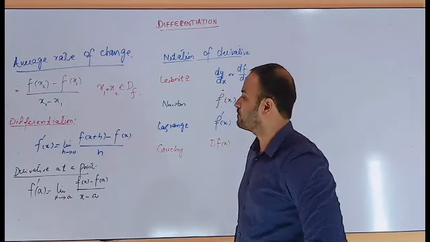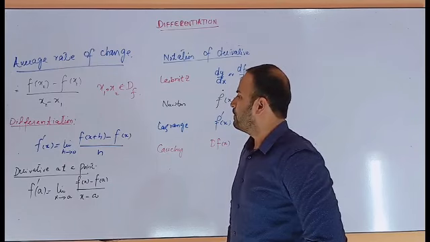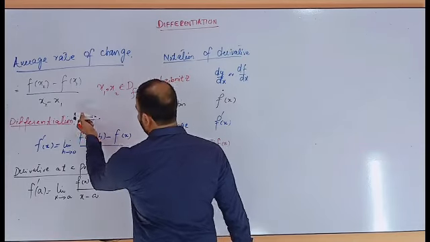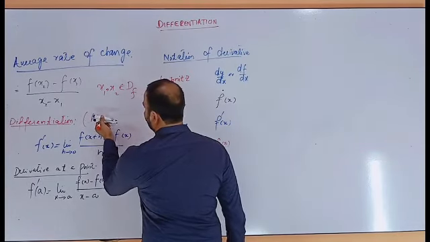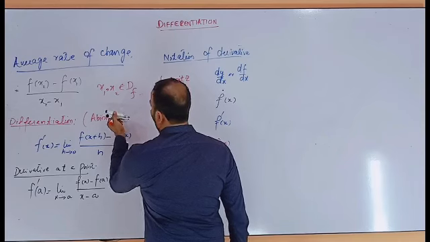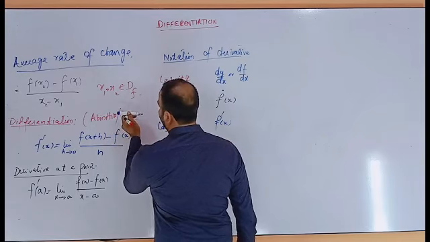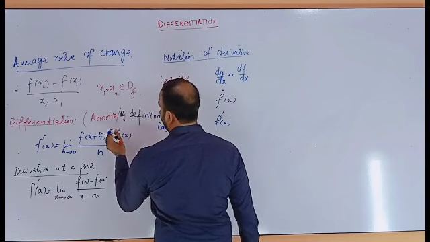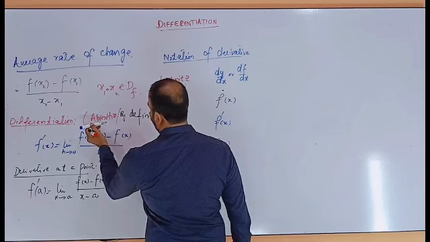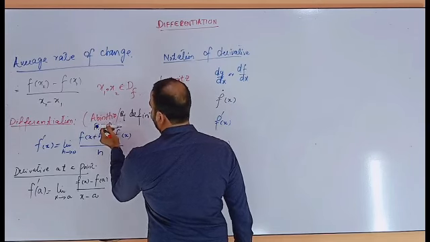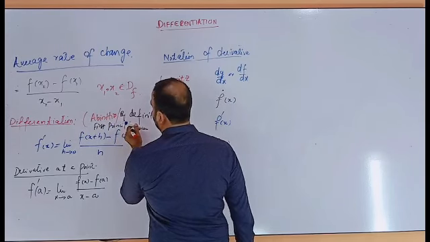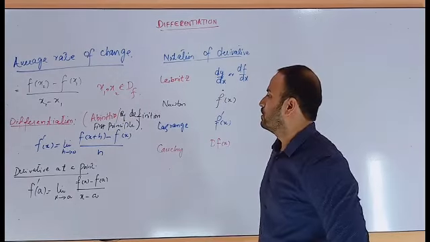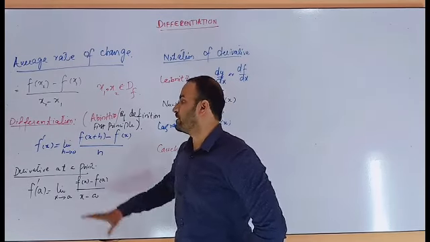So it is basically found using the ab initio method. So this is the AB method, or ab initio, or by definition, or you can say another one is first principle. So these are the three names of the derivative.